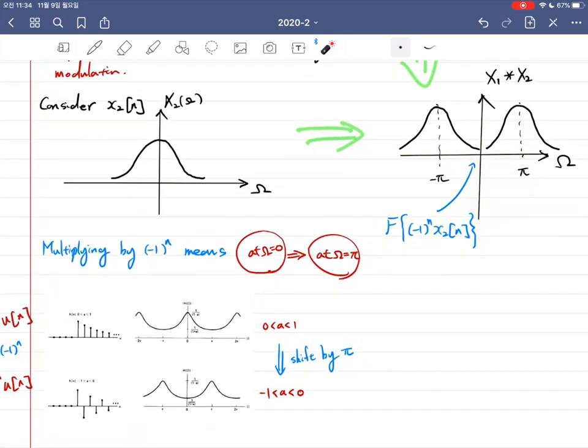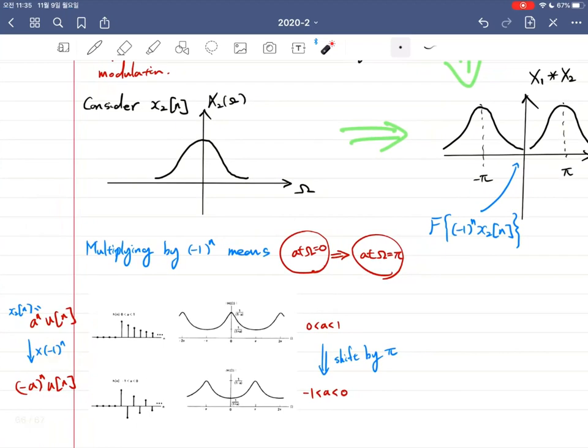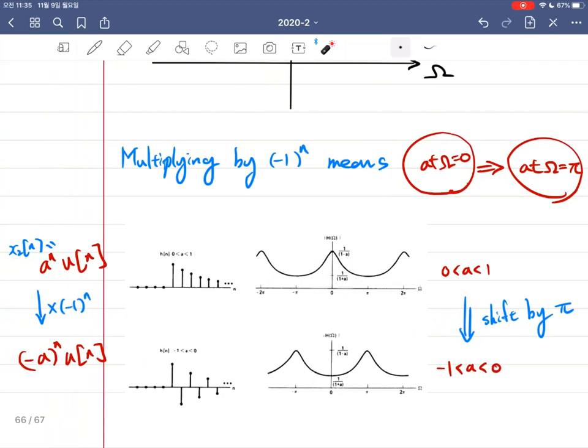So in conclusion, multiplying (-1)^n to some signal may result in a shift by pi in the frequency domain, not in the time domain. The signal changes like this because you literally multiply by (-1)^n, so the signs get changed depending on the value of n.